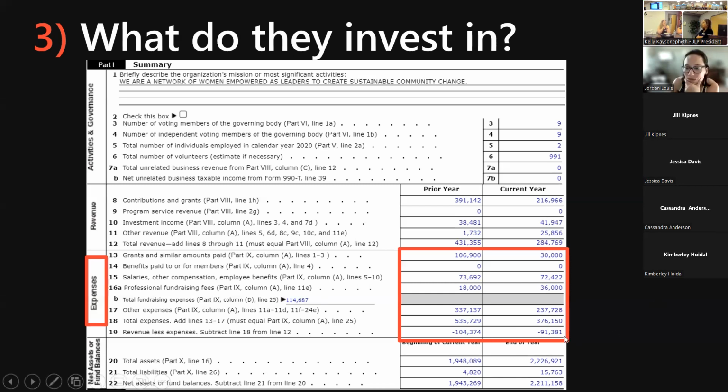Jordan, I have a question. Yeah. I know our salaries are small because we only have 2 staff members, but at the 990 I'm looking at, the expense is $15 million. The salaries are a lot, they're a much larger organization.